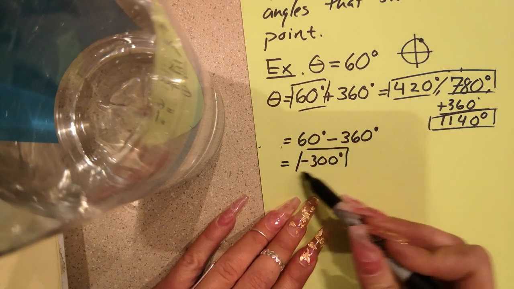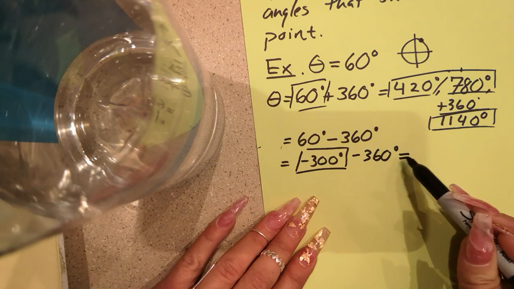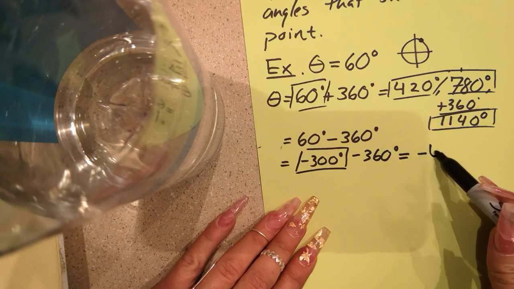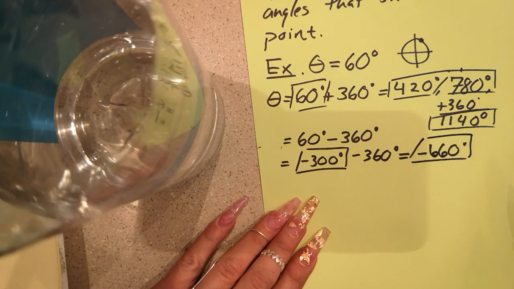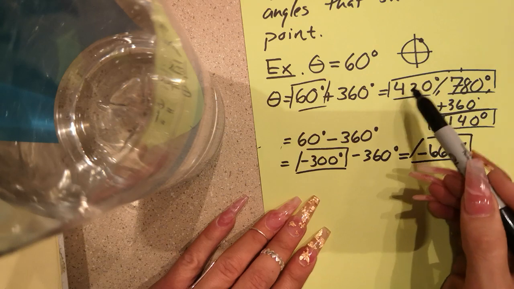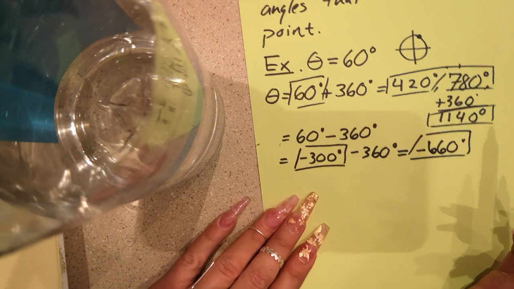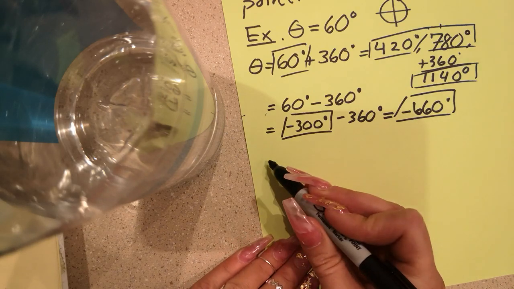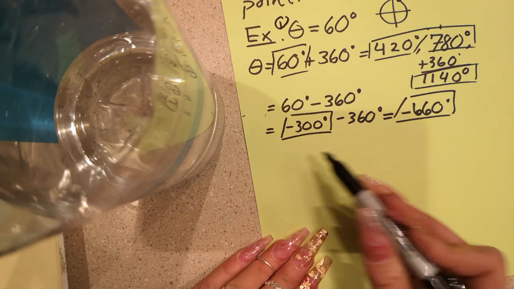Then I could subtract another 360. So that'd be negative 660 degrees. So I could actually find infinitely many of these. So here I have 1, 2, 3, 4, 5 angles that are coterminal with 60 degrees. So this will be, I guess, my number 1.